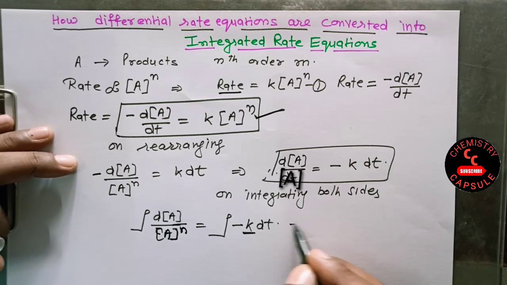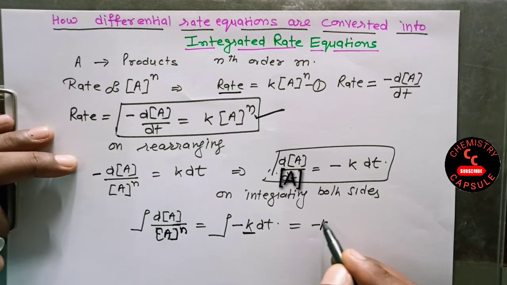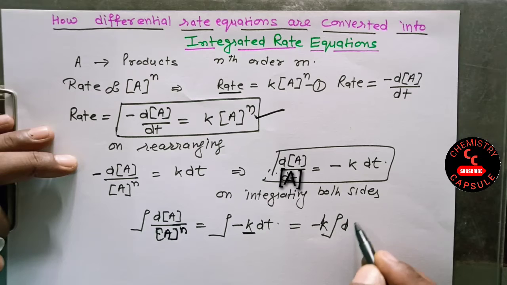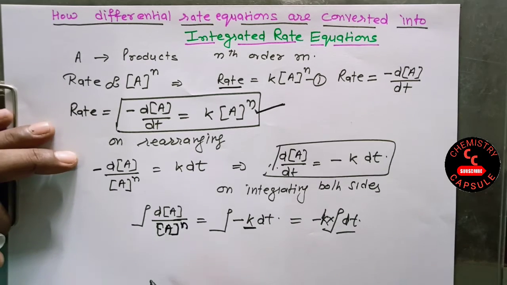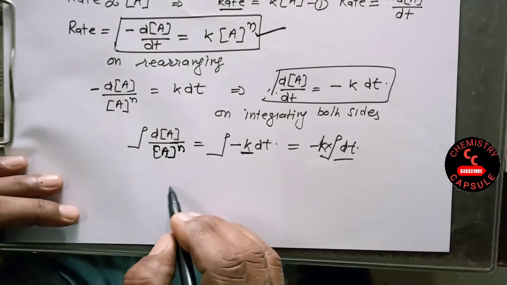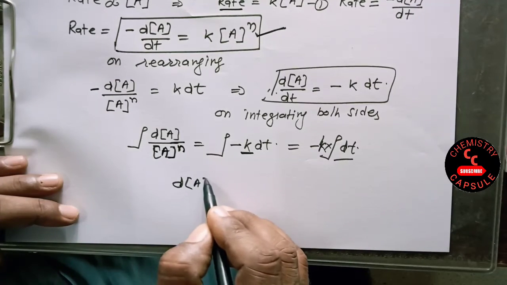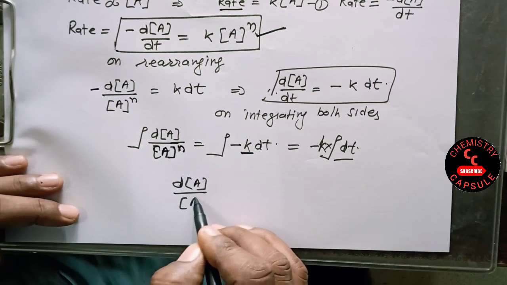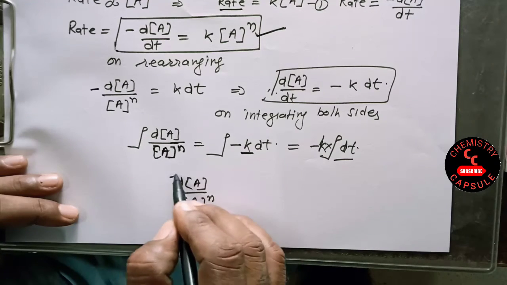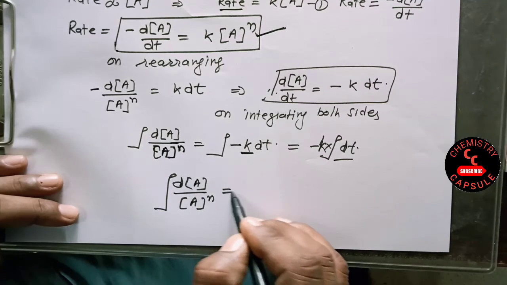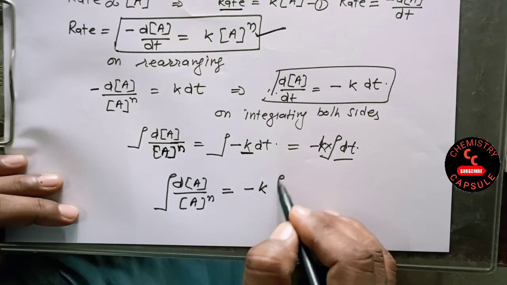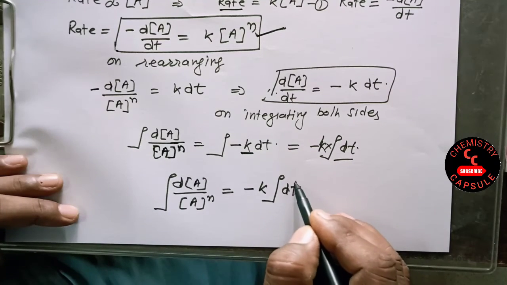So k is a constant, so we can write minus k into integration of dt. So we get an equation: integration dA divided by molar concentration of A raised to power n is equal to minus k integration dt.